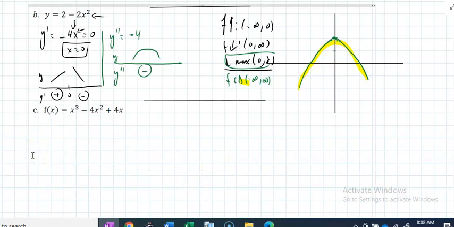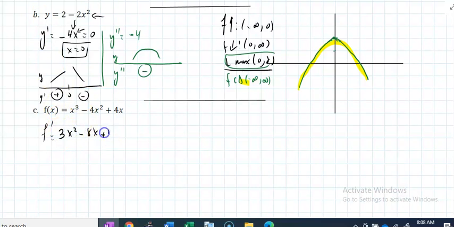When I get to the cubes, it's slightly different, but not by much. So the same deal, I take a derivative, that would be 3x squared minus 8x plus 4. So if I want to figure out where that equals 0, 6 plus 2 is 8.